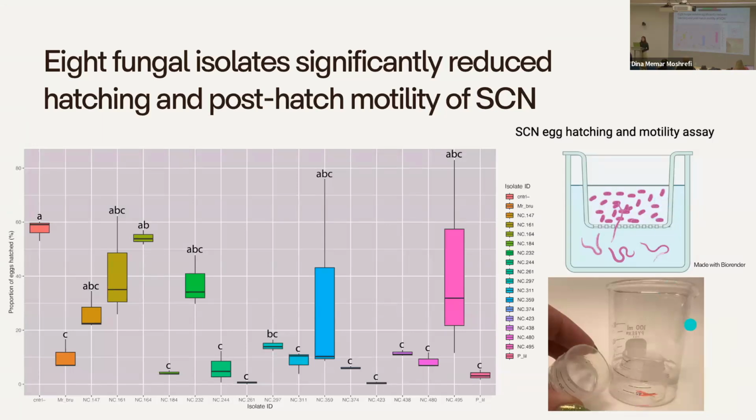And what we found was that 8 of the fungi that we tested significantly reduced hatching and post-hatch motility of soybean cyst nematode. Interestingly, if you remember, previously we had only found 5 fungal isolates that could reduce hatching and post-hatching motility, which highlights the importance of using different methods for bioprospecting.